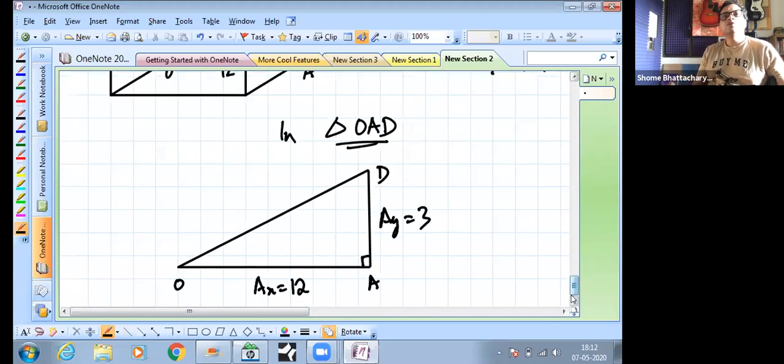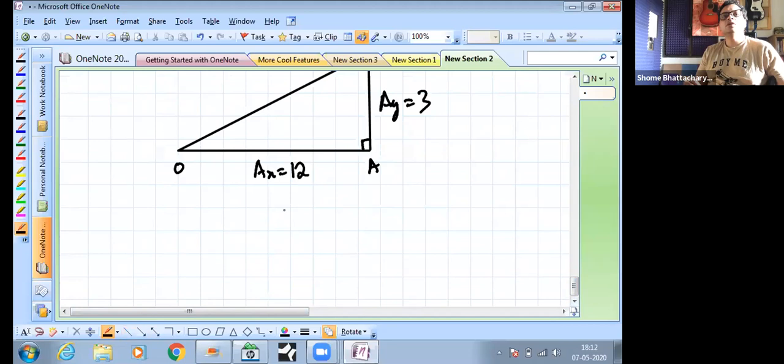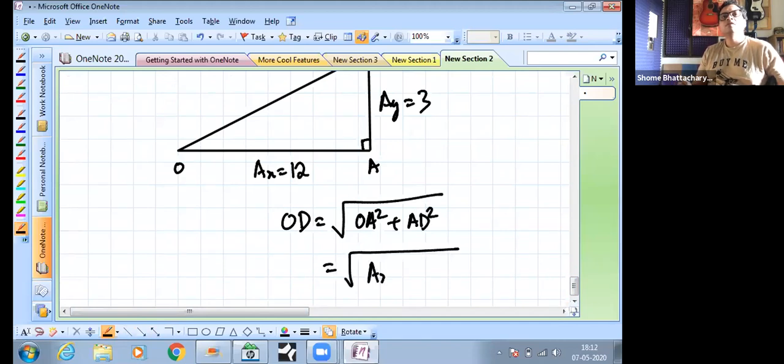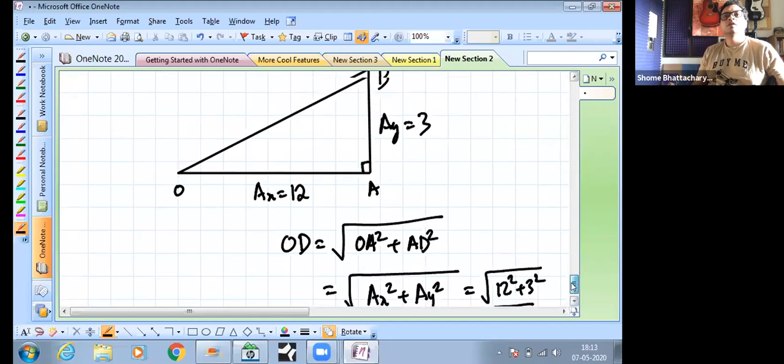Okay. So therefore, what is the side OD equal to? OD is equal to square root of OA square plus AD square. So in symbolic language, it is square root of ax square plus ay square. But exactly speaking, here it will become square root of 12 square plus 3 square. Becoming 144 plus 9, so that is 153, under the square root.